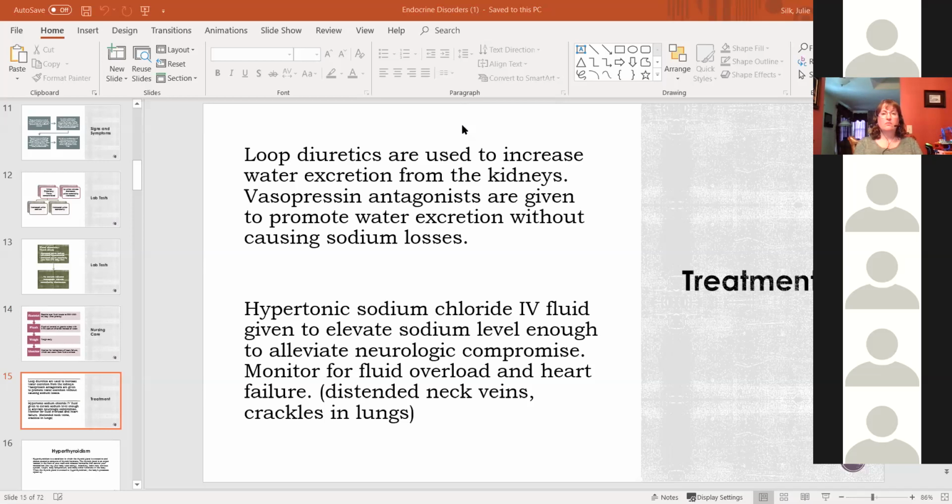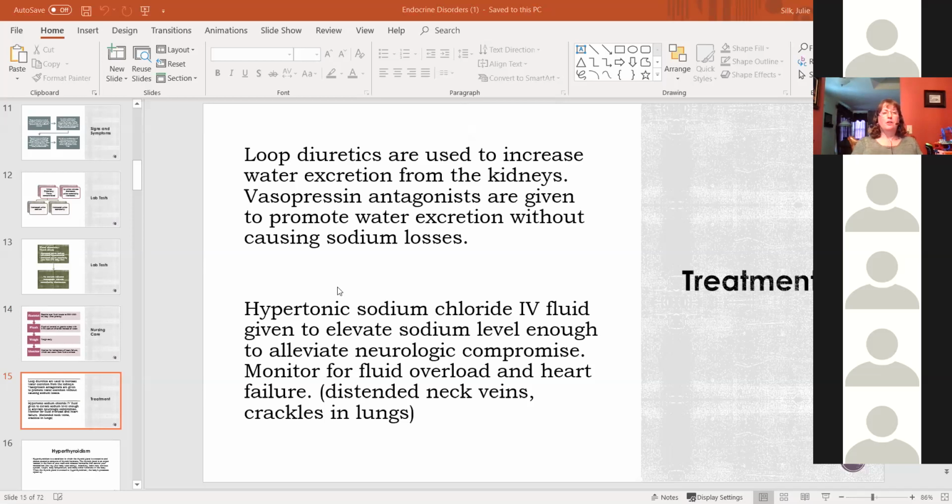Like the levels will be elevated. Is your blood dilute in this? Oh, okay. Because we have too much fluid going on in our vessels outside of our cells. Okay, so our blood is dilute, our urine would be concentrated. Okay.